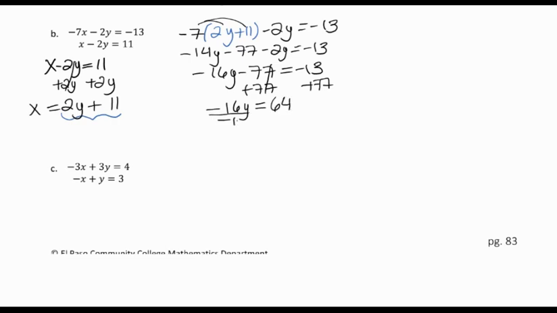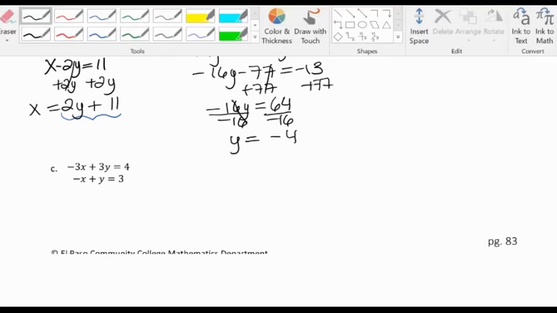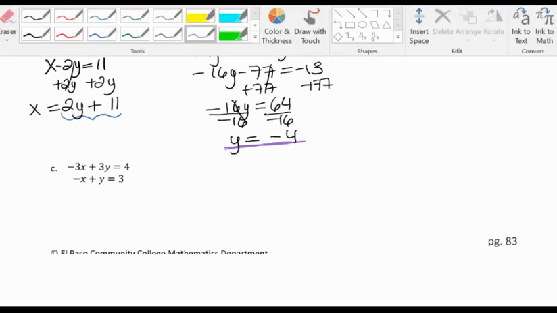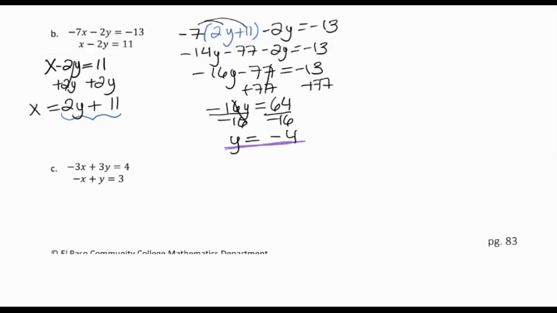We divide both sides by negative 16. So y equals negative 4. Okay. Now we have the value of y. We can go ahead and find the value of x by plugging it into any of the two original equations. Let's use the second one.